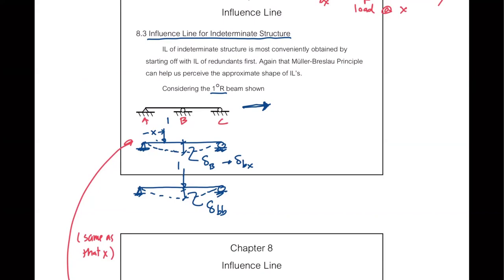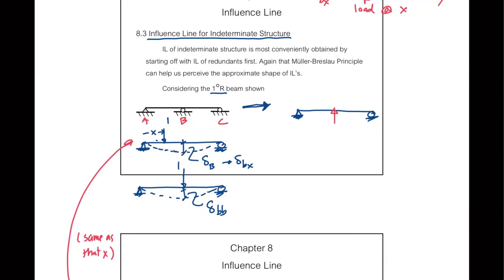So if I allow RB to move freely, the shape of the influence line of RB should look like this. RA and RC will be in place, so the reaction at B pushes up.